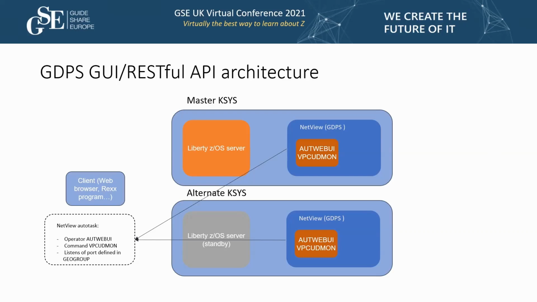The operator will run the command vpcu daemon, which is a module provided in the SGDP exec library, and it will wait for the commands coming from the Liberty server. So they both will communicate with each other, and the TCP/IP ports that are used by the GDPS NetView daemon, as I said, to answer your question, are defined in the geogroup configuration file.